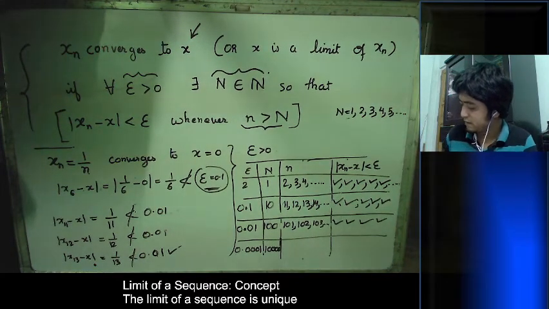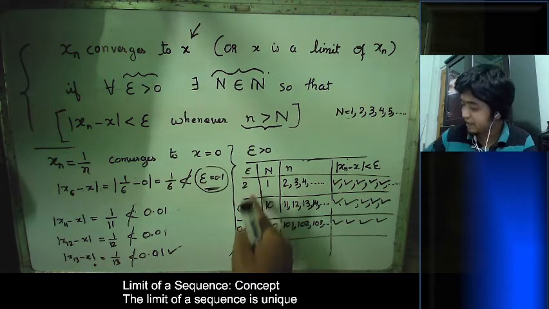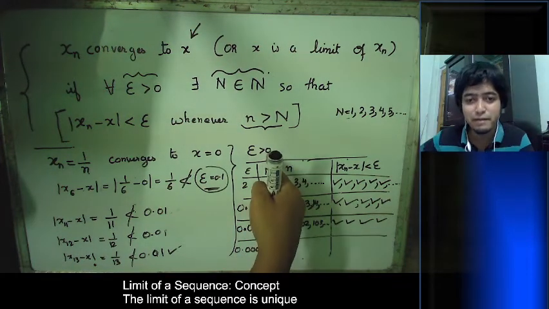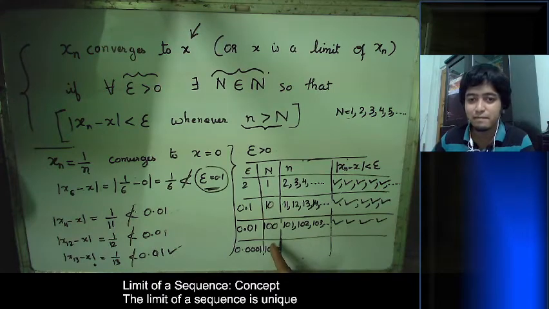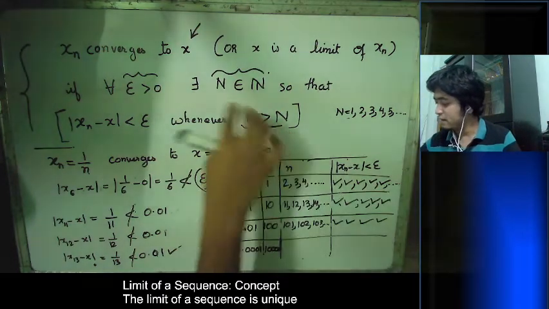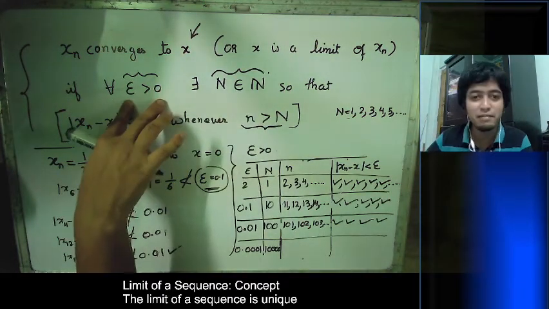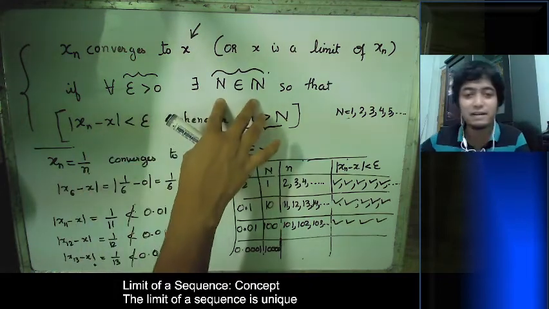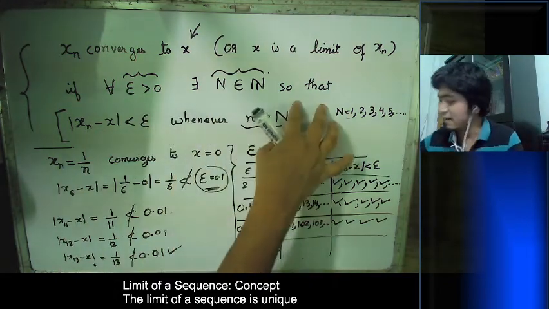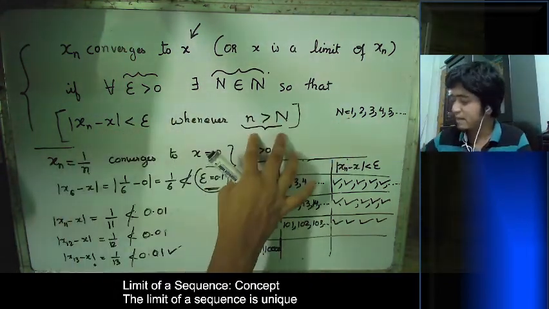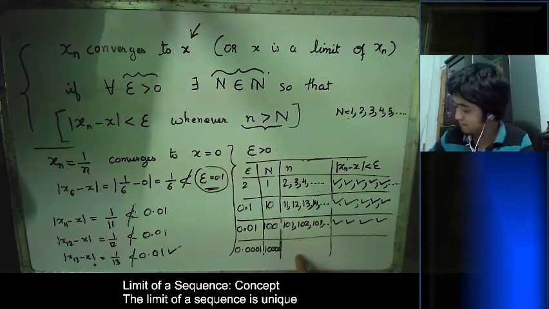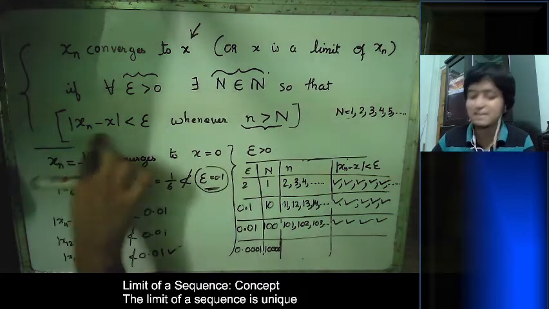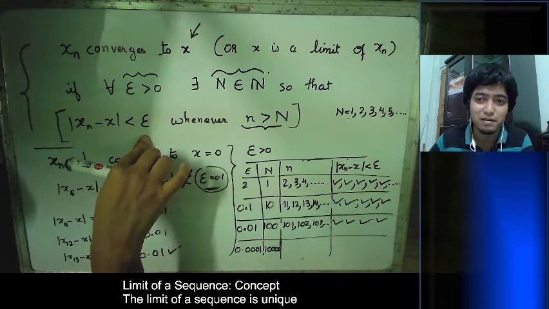So whenever I give you epsilon, you are able to find a natural number N so that whenever n is bigger than N, xn minus x is less than epsilon.